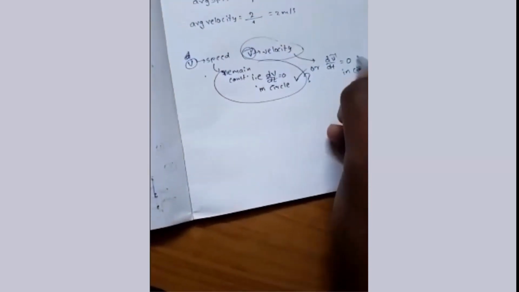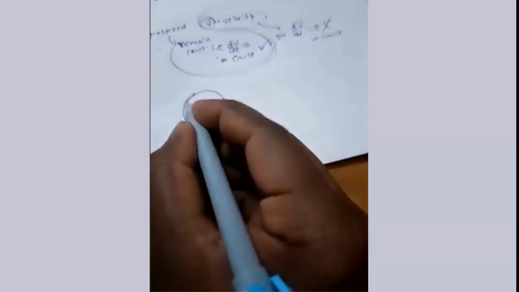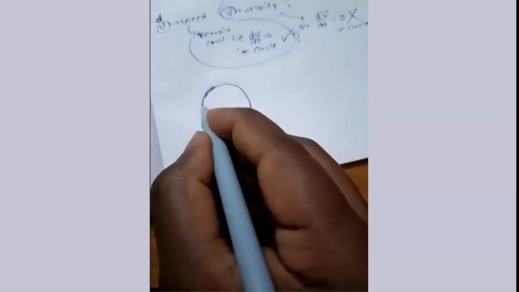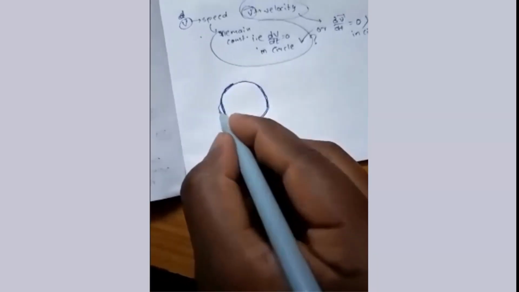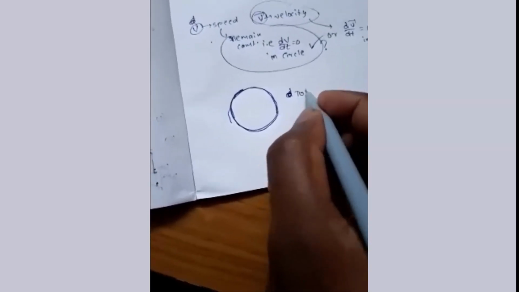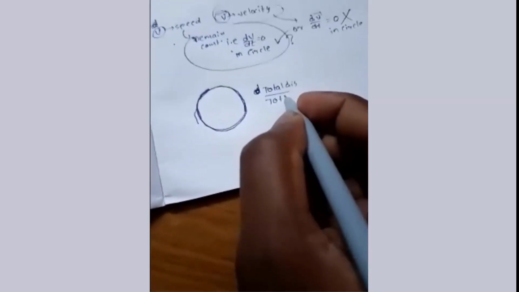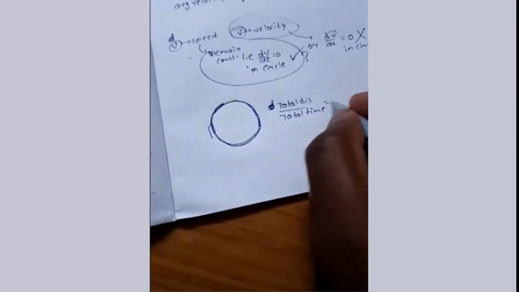Say here dv by dt equal to 0. This is correct, but this is not correct. Why? See, in a uniform circular motion, the particle is covering the same distance in the same time. So the speed remains constant.